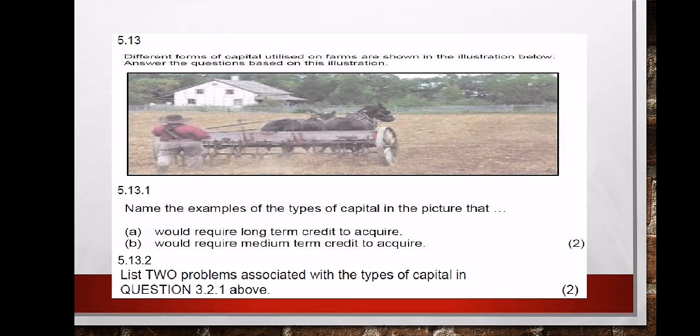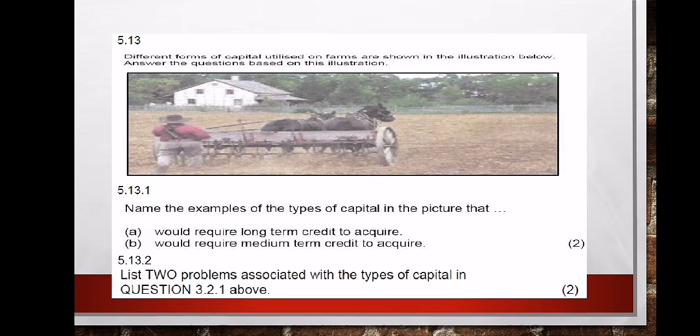That will require a long-term capital, that will require a medium-term capital. What are they saying? They want an example that can be bought using a long-term capital. Remember we said long-term credit is used to buy a fixed capital. Then let's come back to the picture.